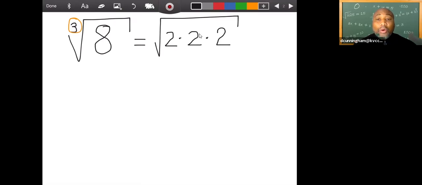Yes. And those numbers are all exactly the same. So that means the answer to this will be 2. Take 3 out at a time, out of the radical, and it gives us the answer 2. So the cube root of 8 is 2.